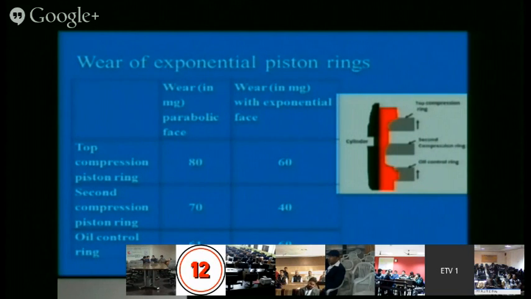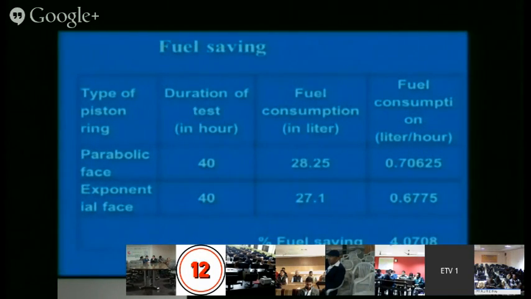So a very strong influence is there on the contact when the profile is changed, and very significant performance parameters are changing and getting improved. Now fuel saving, if you see, this is not with texture, this is only with profile.